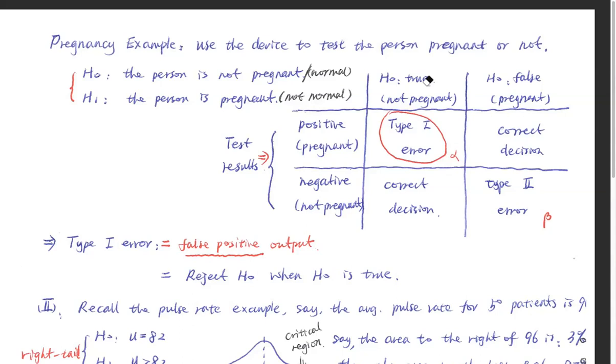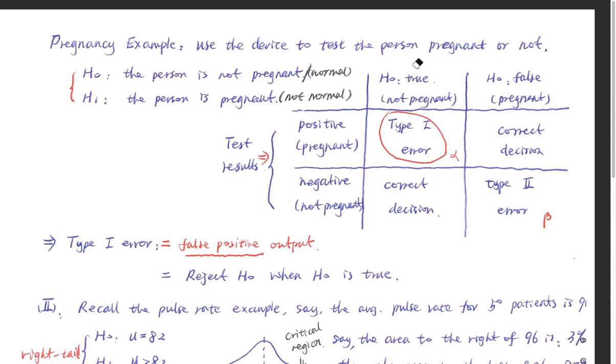So you can see that there's always a chance of making mistakes. In this case, H0, our null hypothesis, is that the person is not pregnant, the regular situation. H1 is that the person is pregnant.